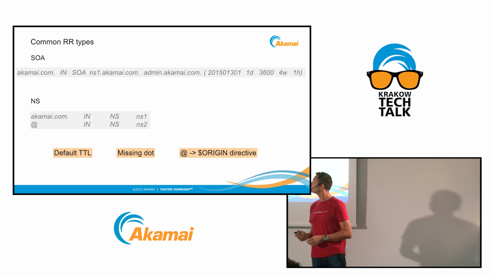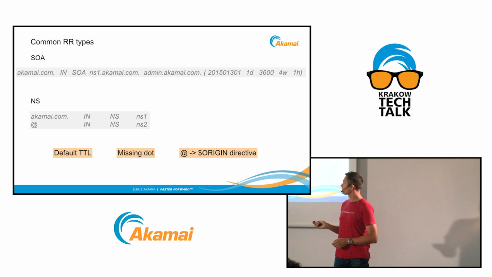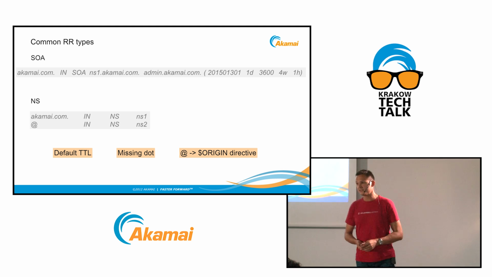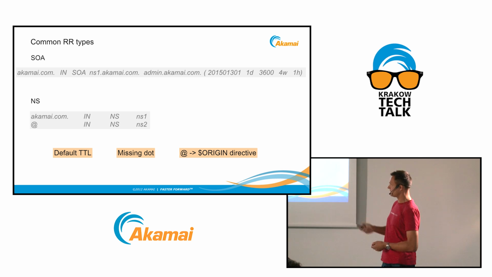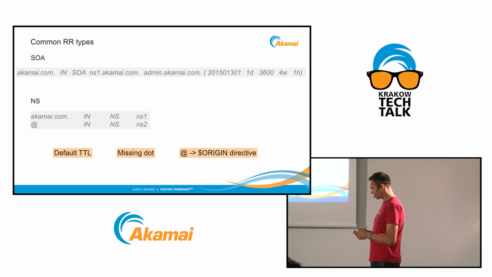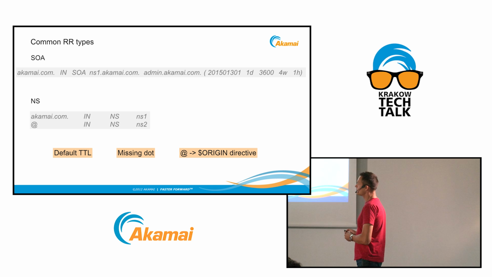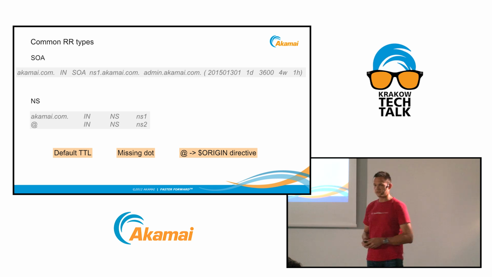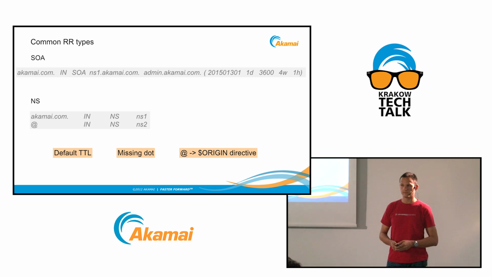What is nice here? I skipped time to live, which means that the default one will be applied, the one that was specified at the very beginning. You see that there is no dot here, which means that this is not a fully qualified domain name.